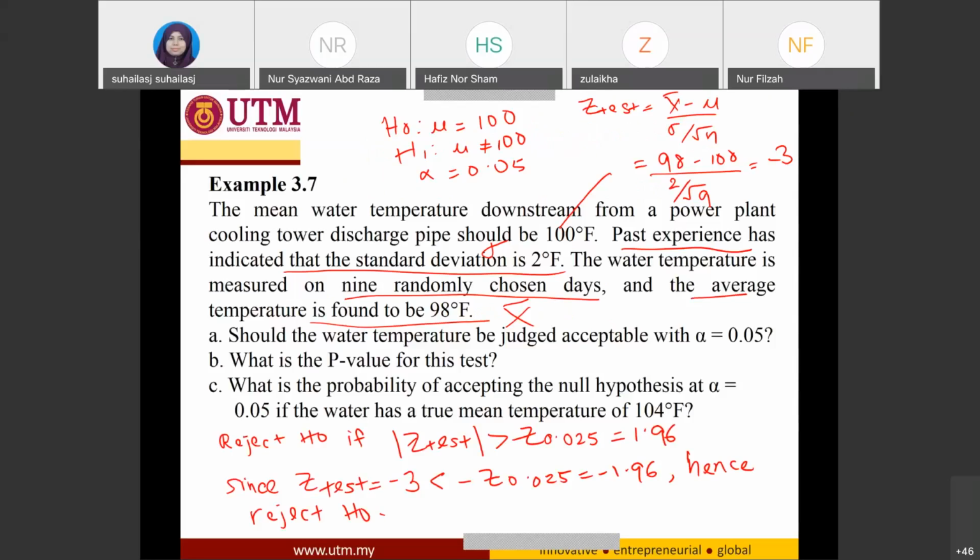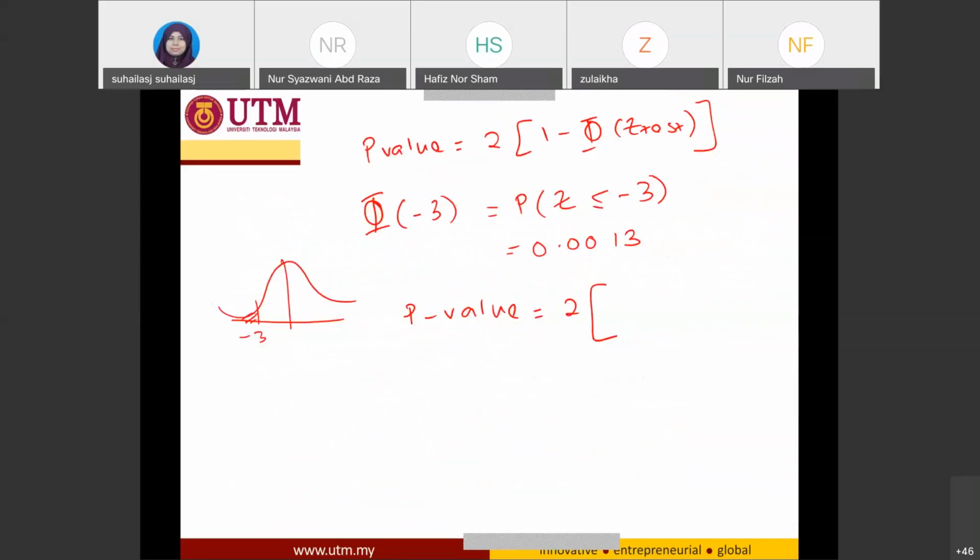Okay, your Z test is correct, right? Minus 3. So if you compute the p-value, it is 2 times 1 minus phi of the Z test, am I correct? Probability Z less than or equal to minus 3. Maybe I misread the table. 3, 0.0013.